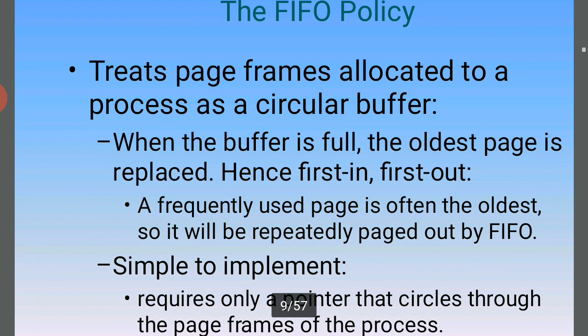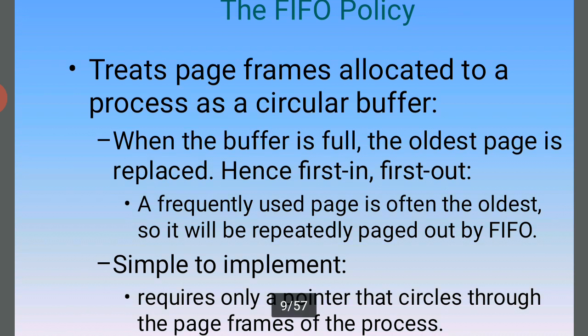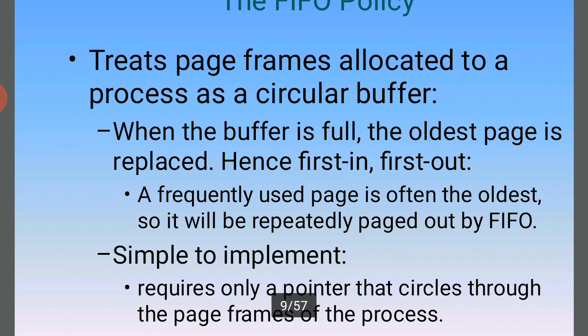First in first out: the first page is replaced, and then the second page comes in after the first. FIFO treats the page frames allocated to a process as a circular buffer. When the buffer is full, the oldest page is replaced, hence first in first out.